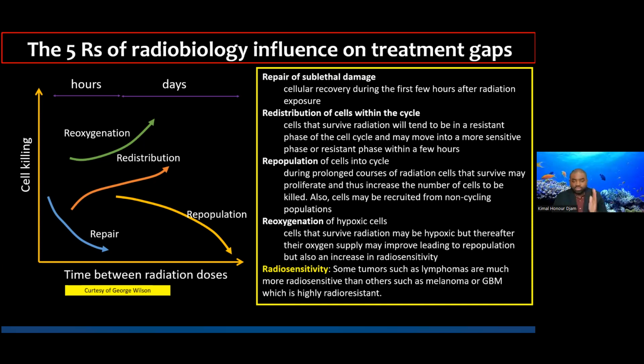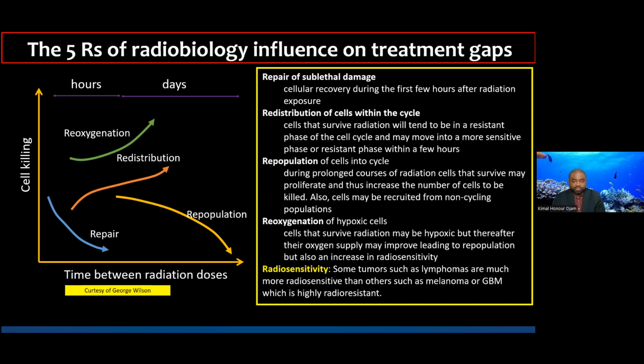Once this process is initiated, the different cells within the targeted area will then progress at varying rates throughout the cell cycle. The implication is that this alters the radiosensitivity of the cells to radiation. And so the redistribution of cells in various phases of the cell cycle in turn modifies the radiosensitivity. In other words, it's observed within hours to days post-irradiation.